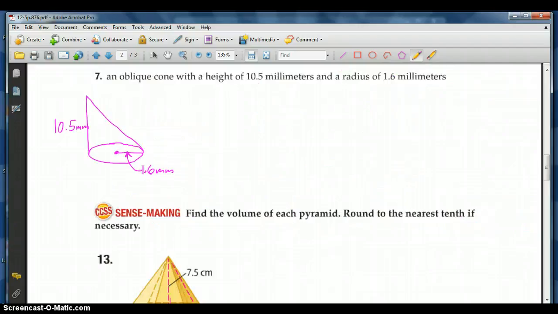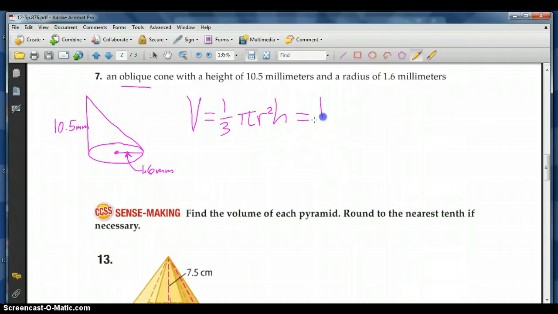Alright, for number 7, we want to find the volume of an oblique cone with a height of 10.5 millimeters and a radius of 1.6 millimeters. So, an oblique cone would look like this, where our height is one of the lateral edges here. So, we use the same formula for an oblique cone. So 1/3 times pi r squared times h.